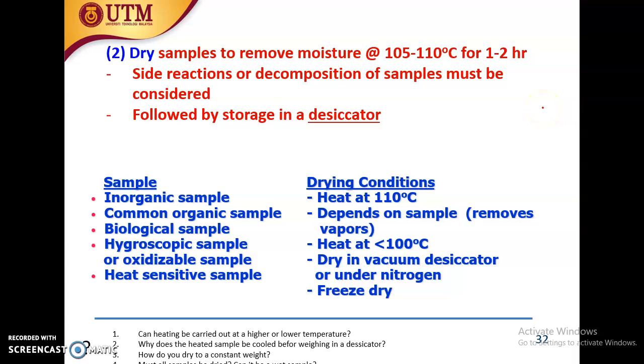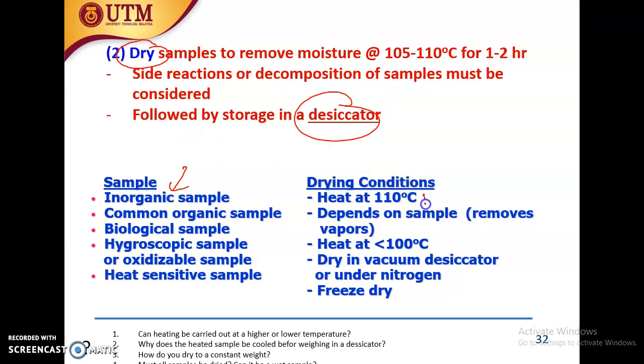After he blended, you get a very murky solution. So for easier storage, you can dry the sample as easy as putting it inside a desiccator or oven, but it depends on your analyte. If your analyte is inorganic, it's okay because it can withstand temperature, right?